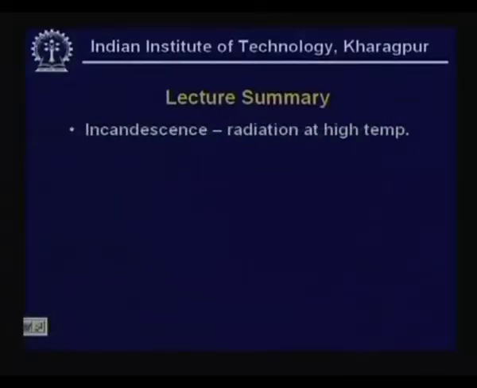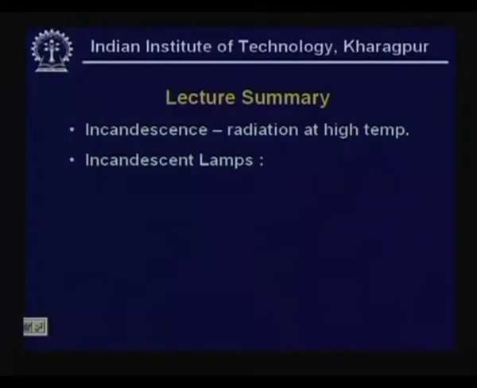Having said this, the summary of this lecture is that incandescence is a phenomenon which is thermoluminescence, a radiation at high temperature which is being adapted in incandescent lamps, and mind you, we have other effects that are used in artificial sources like electroluminescence and fluorescence.